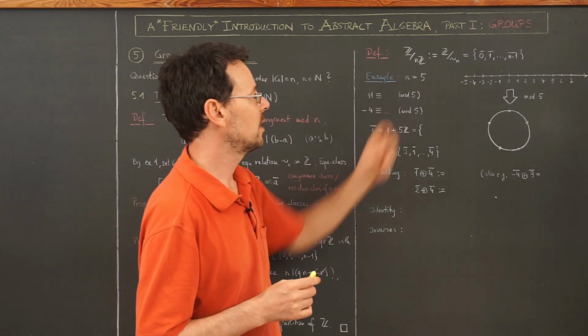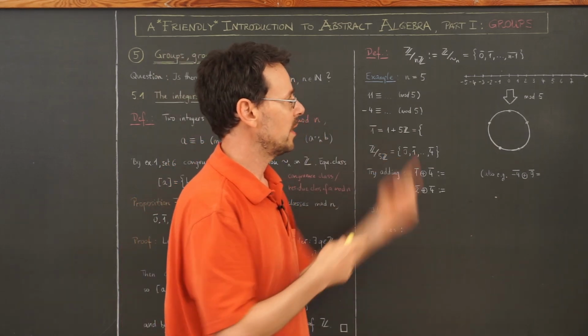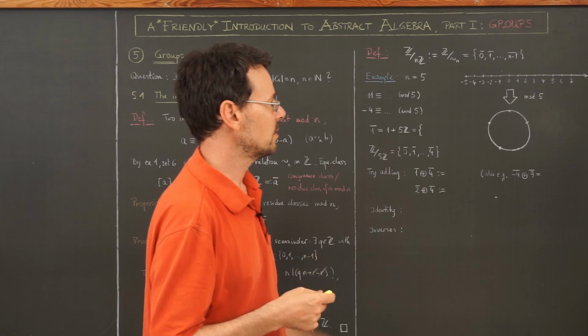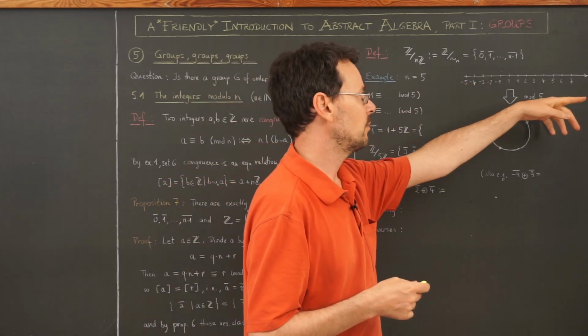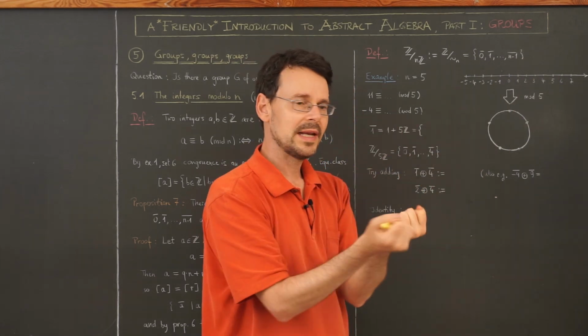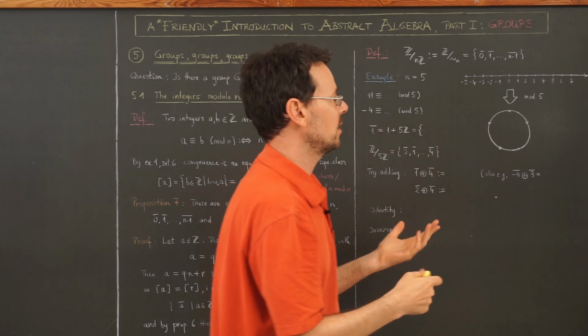Now these are supposed to be friendly videos, so it's high time for an example. Let's take n equal to 5. That's a good picture to keep in mind when working with these mod n things. You take the number line, here are the integers, and you roll this line up into a circle. That's the picture behind this.